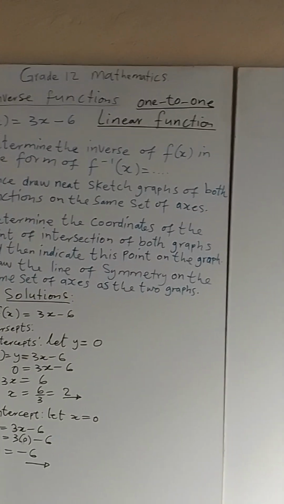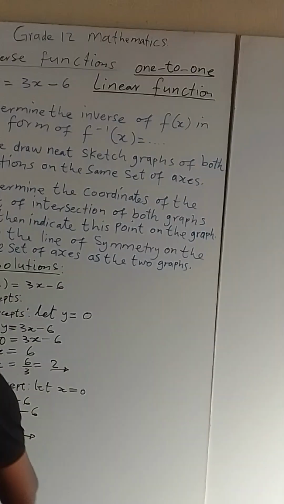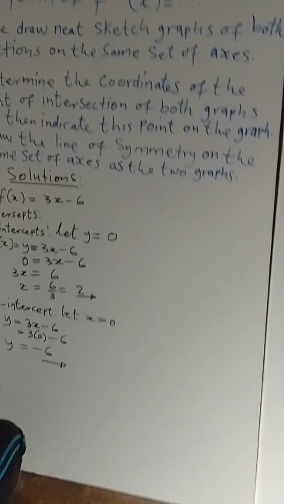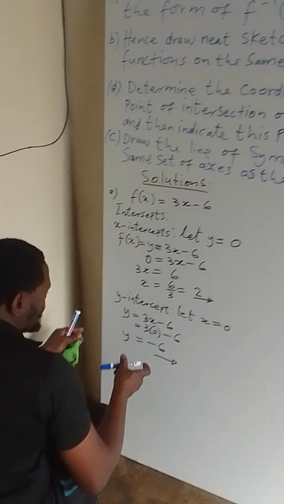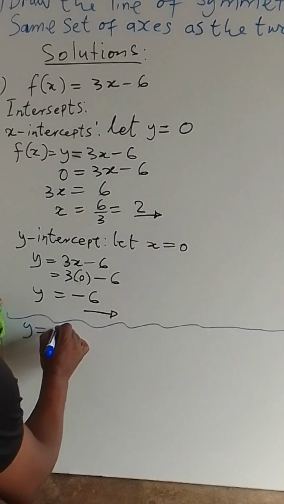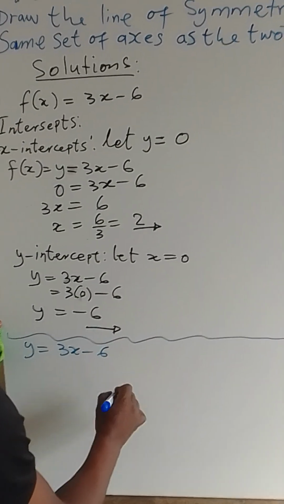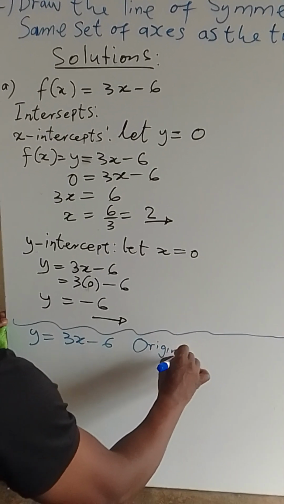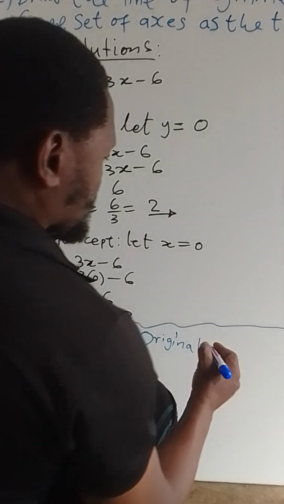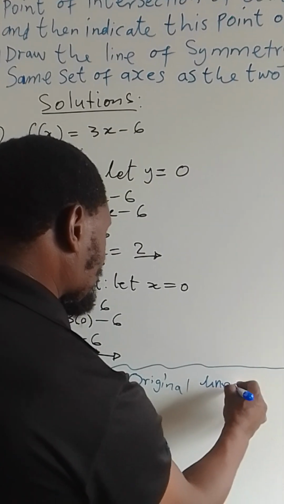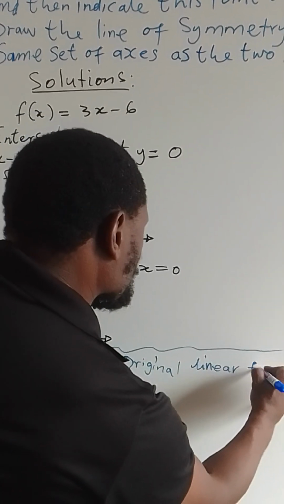Before we can draw it, we start by finding the inverse of this linear function. y = 3x - 6, which is the original linear function.